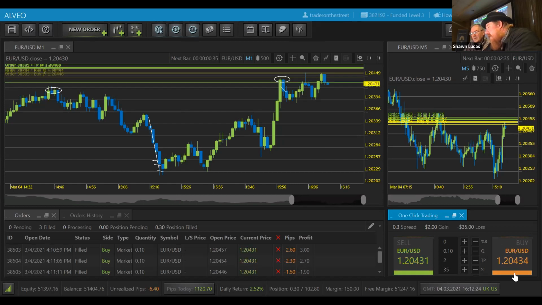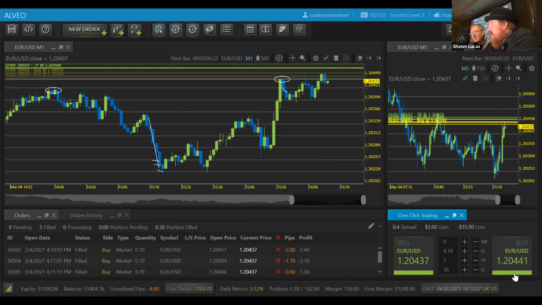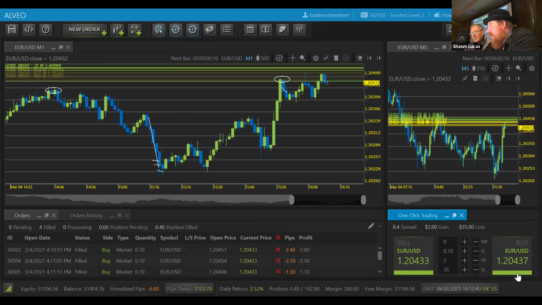Because that point is a great place for that momentum to step back into the market. If it drops below that, we're going to try and fix these trades that we have. So we'll be on the wrong side of that. Go ahead and add one. And one long. One long.